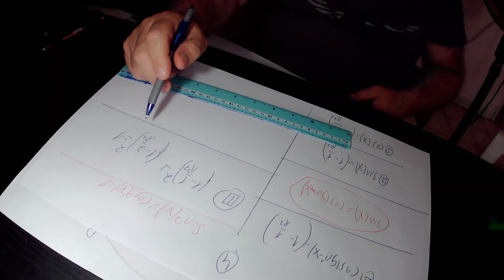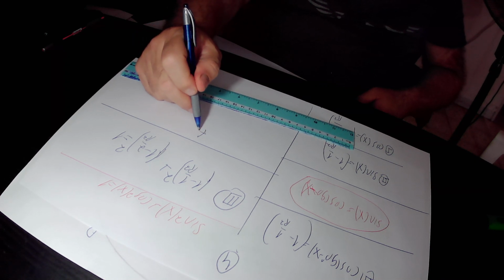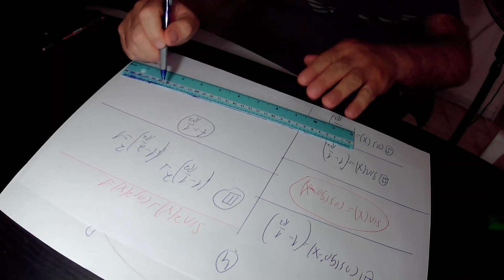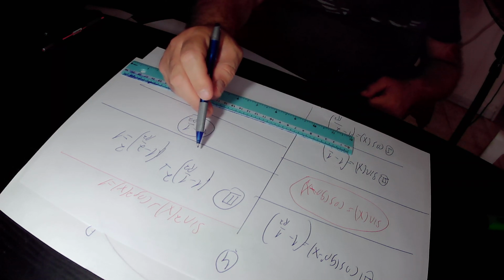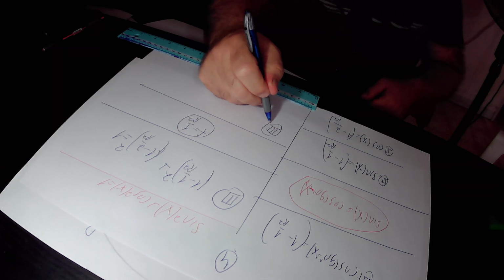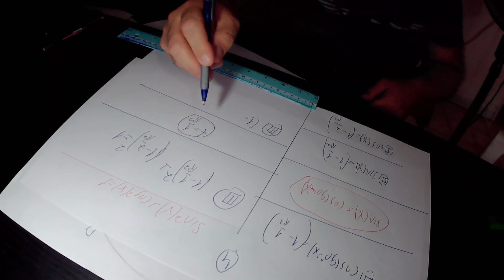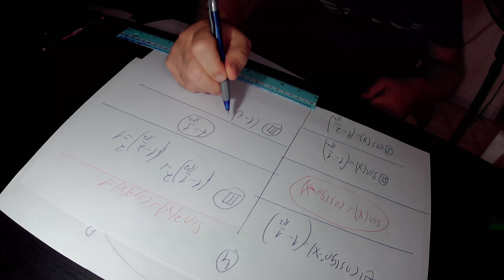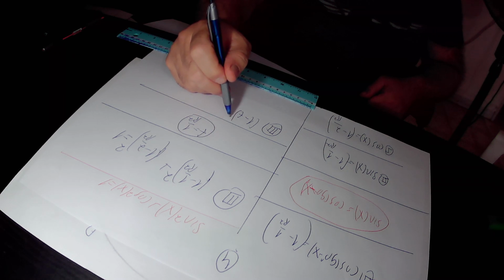In the next step, we'll define 1 over R squared as t. Again, t equals 1 over R squared according to our definition. And we'll substitute 1 over R squared in equation 3 by t. So here we have 1 minus 1 over R squared, which is 1 minus t, squared.